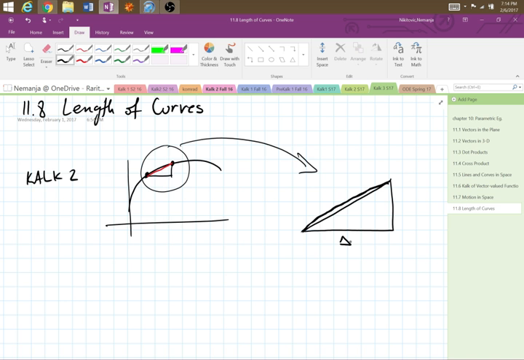If this is delta x and this is delta y and this is some, let's say, lowercase l, we can write the Pythagorean theorem: L is equal to the square root of delta x squared plus delta y squared.